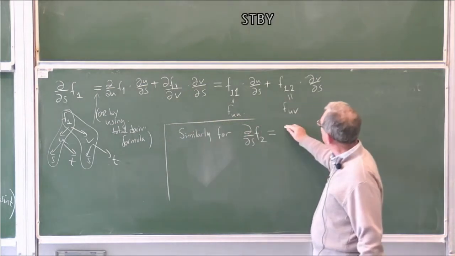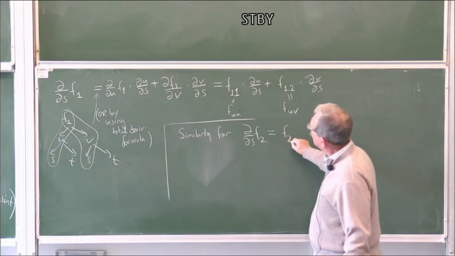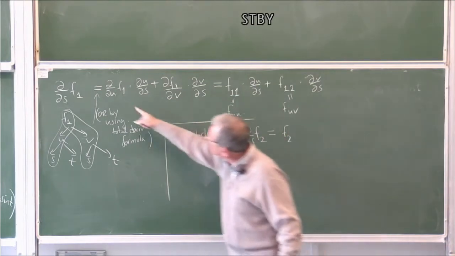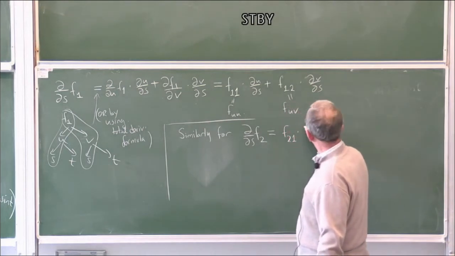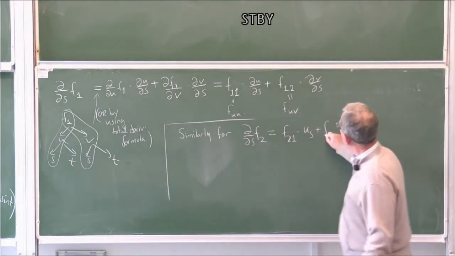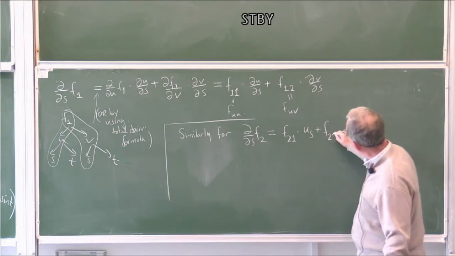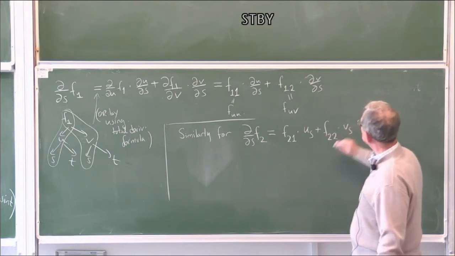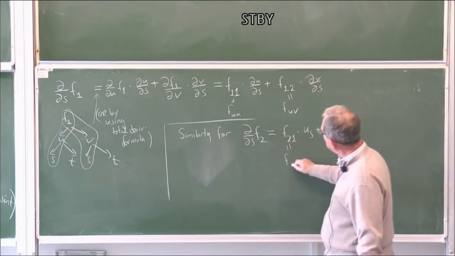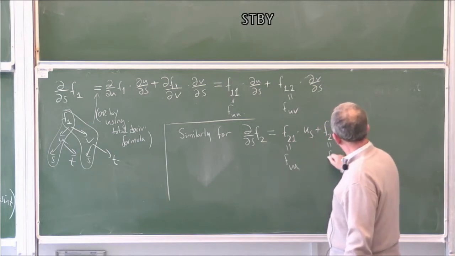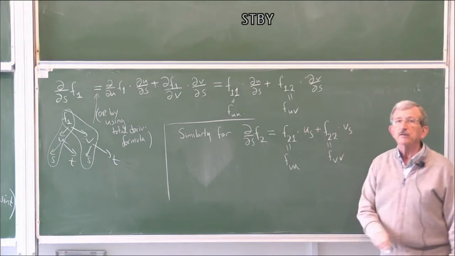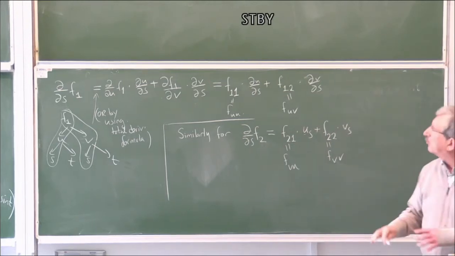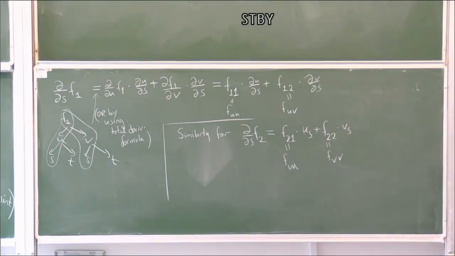So it would be f2, and then the derivative is taken with respect to the first variable, and then us, f2, now with respect to the second variable, vs. Of course, you can write vu and uv. And these can be calculated directly. So putting everything in place, we get the result.